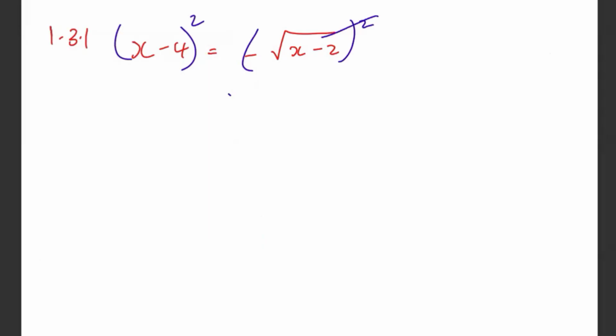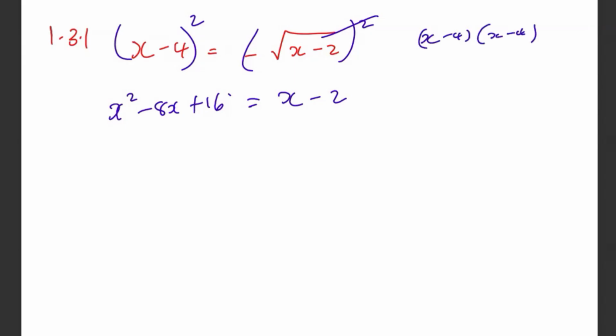Root sign goes. Opening this, we shall have x squared minus 8x plus 16 is equivalent to x minus 2. Then let's get the standard equation, moving everything to one side. How I got this is FOIL, x minus 4 and then x minus 4. So that's going to be x squared. When this one moves, it's a minus, so it's going to be minus 9x.